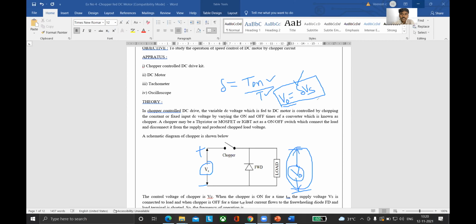So this is the operating principle of the chopper circuit. Clear?